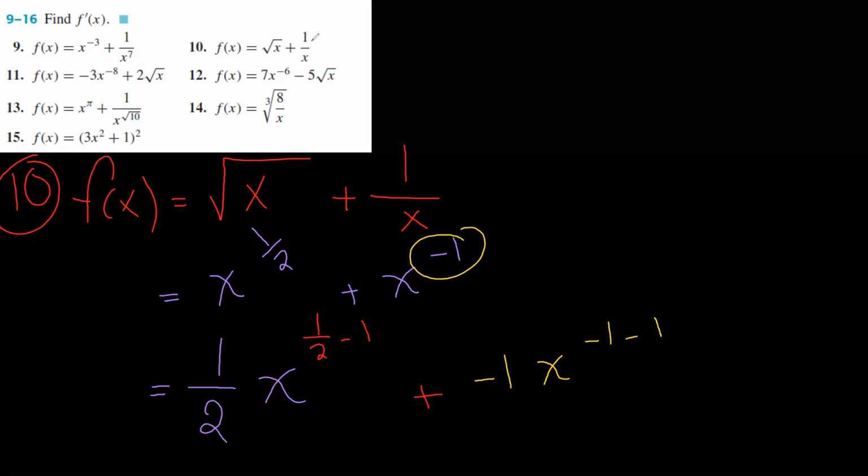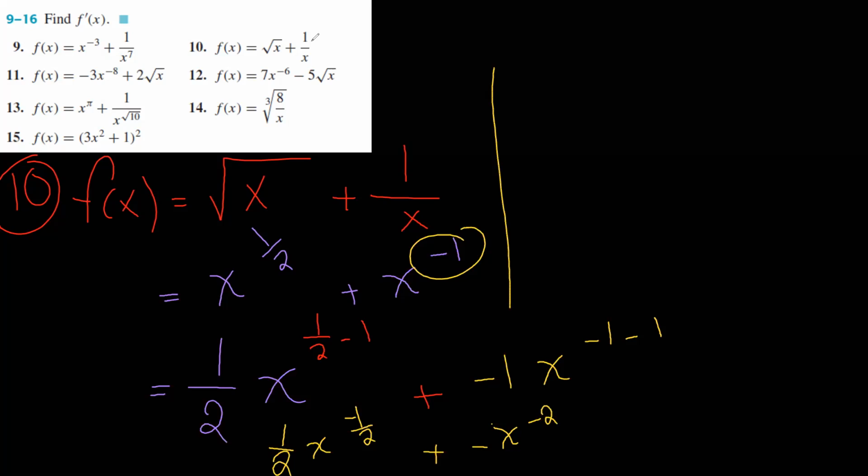And after that, let's now rewrite it as half x, half minus 1 is negative half, plus negative x raised to the power negative 2.